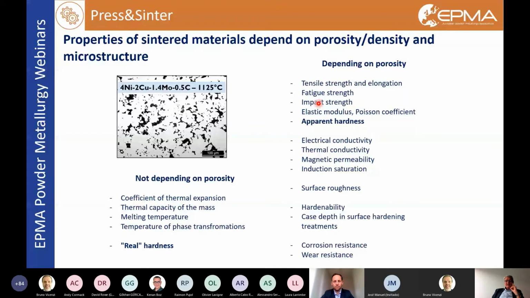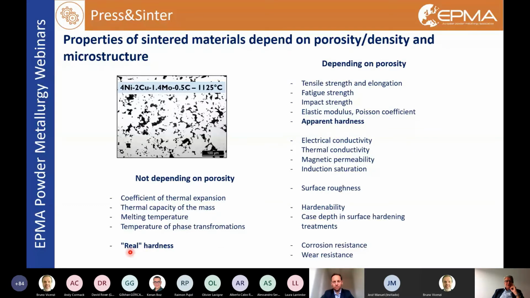On the other side, all the mechanical properties, all the physical properties, the surface topography, the response of press and sinter steels to heat treatment and surface treatment, as well as all the technological properties, for instance, corrosion and wear resistance, depend on porosity.